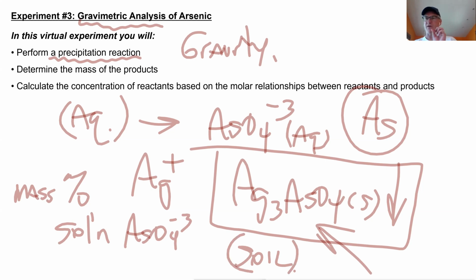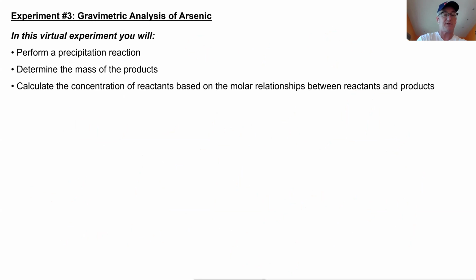And what most of you forgot was that the soil samples were from 1 kilogram of soil. And so that had to be the denominator in determining the mass percent.